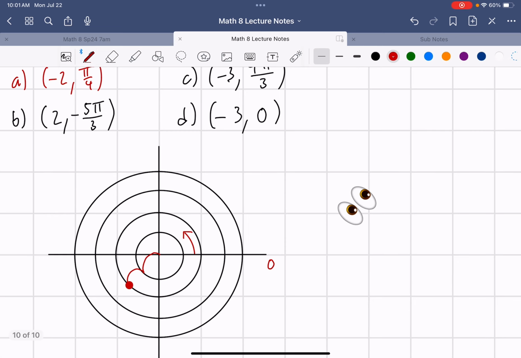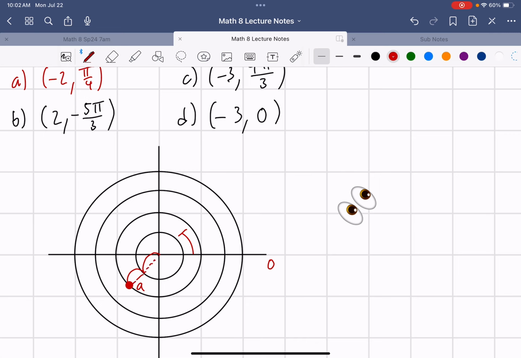This is point A here. As I rotated pi over 4, but then I went back -2. Hopefully that made sense. Or you could just think about I went back pi over 2.